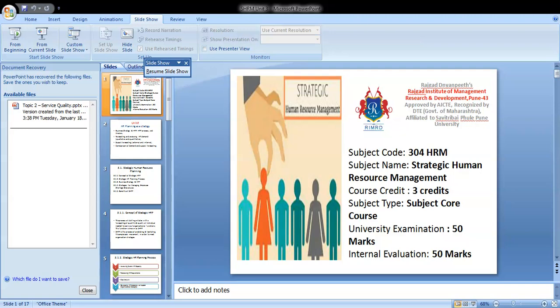Further, it will enhance the capacity of finding out and maintaining the most talented employees.